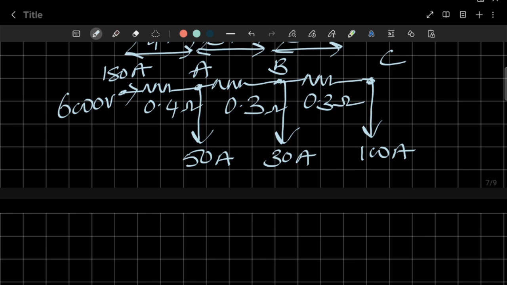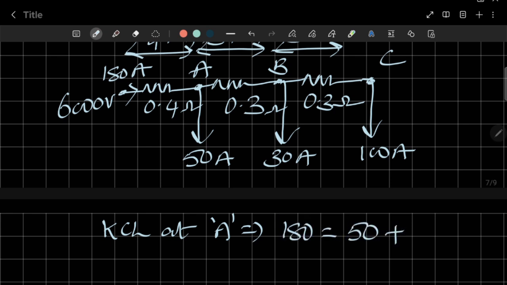But you know that 50 amps, 30 amps and 100 amps have been drawn. So if you apply KCL at node A, then 180 is entering, 50 is leaving, and some current X is leaving from node A towards node B.